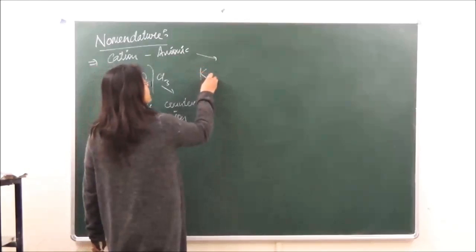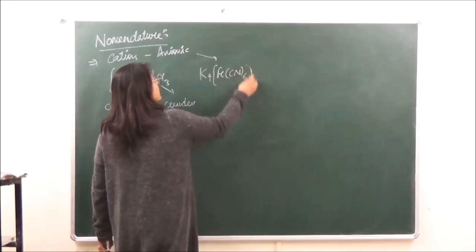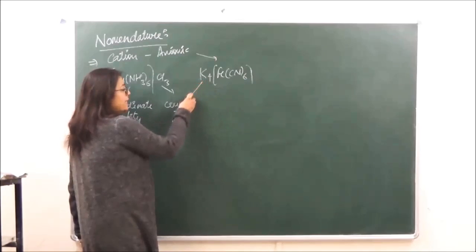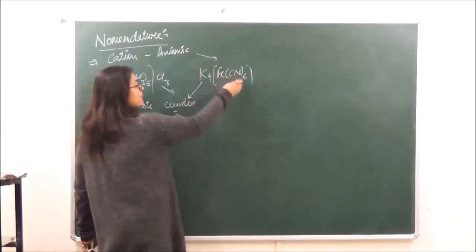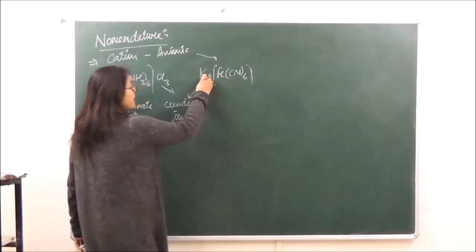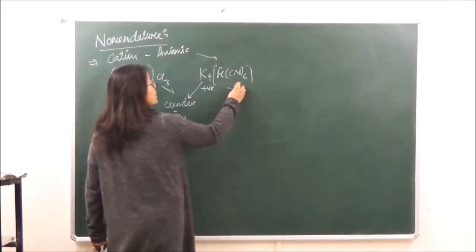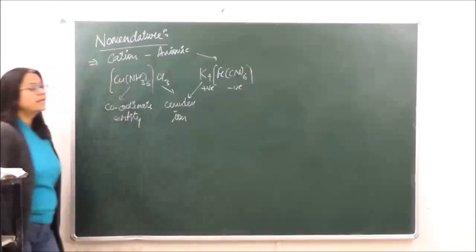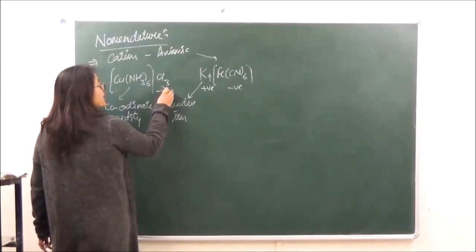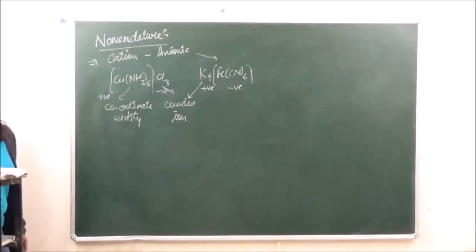For example, we are taking FeCN6. Over here you can see that the counter ion is written first, and then we have the coordinate entity. So over here the counter ion is going to be positively charged, and the coordinate entity is going to be negatively charged. And here the counter ion is going to be negatively charged and the coordinate entity is going to be positively charged.